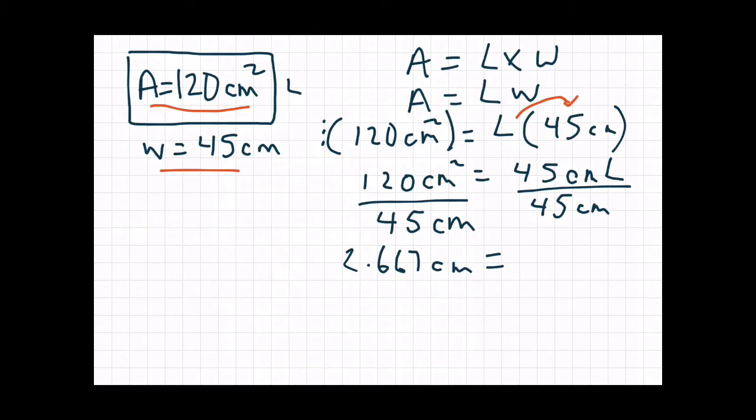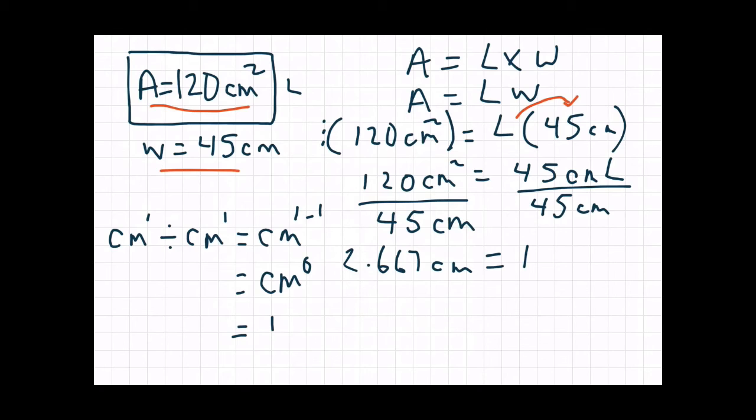And on the right hand side we have 45 divided by 45, which is 1. And then the same thing here, we have centimeters to the 1 divided by centimeters to the 1. And of course when you have two variables that are the same bases, and you're dividing them, you subtract your exponents. So 1 take away 1, centimeters to the 0, and of course centimeters to the exponent 0 is just 1.